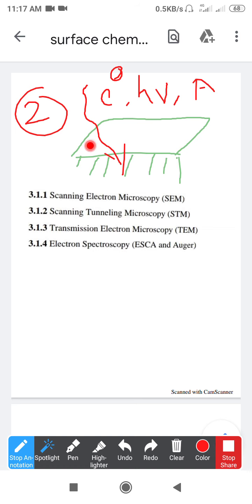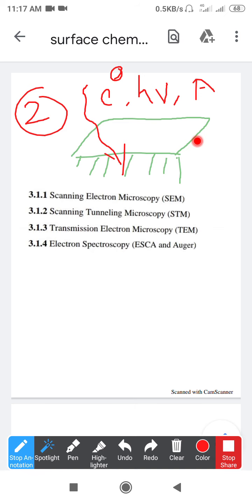Again we come back, change the y direction, and scan the whole surface along the x direction. In this pattern we scan all of the given surface. In this method we are mainly focusing on the surface morphological information. So this is the second type of technique.